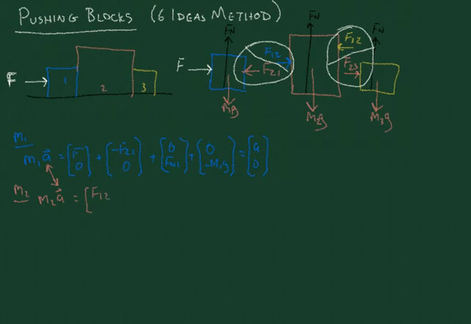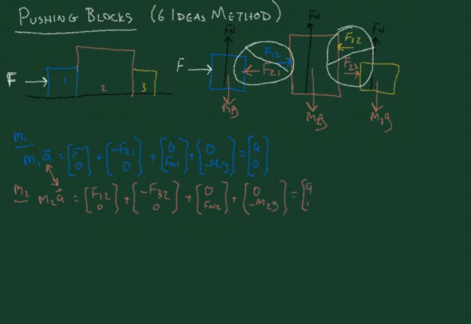1, 2, pushing in the x direction, minus f 3, 2 in the x direction. This is going to be normal force in the y direction, and minus a gravitational force in the y direction.